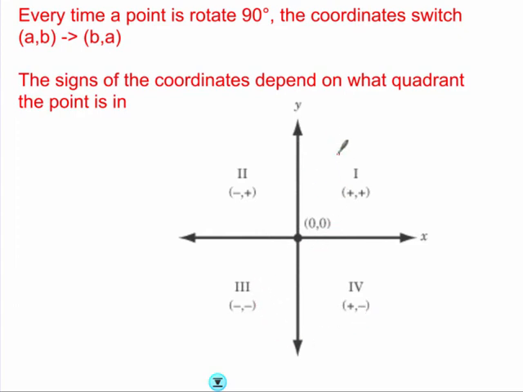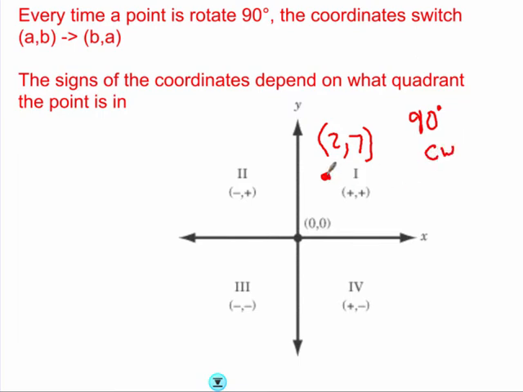So the way this works is, for example, say I have this point (2, 7). And (2, 7) is up here in quadrant 1 somewhere. And I rotate it 90 degrees clockwise. I'm just going to use CW for clockwise.